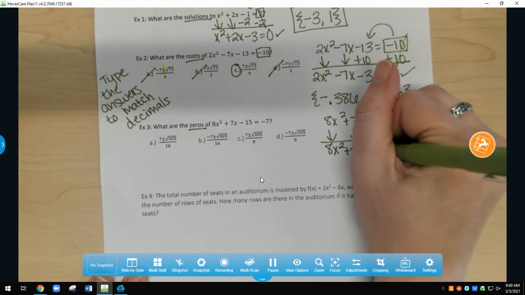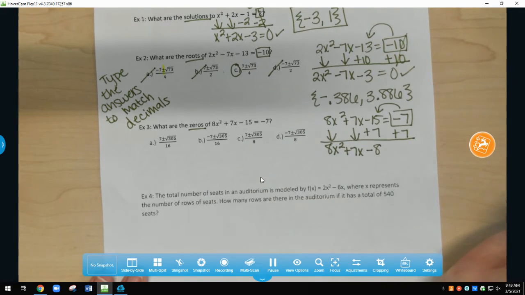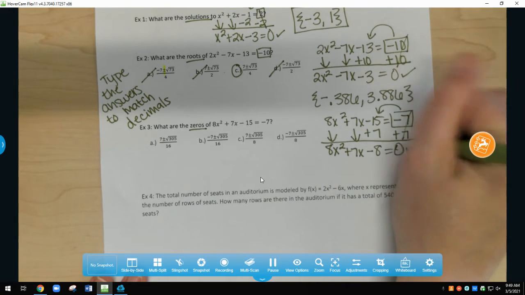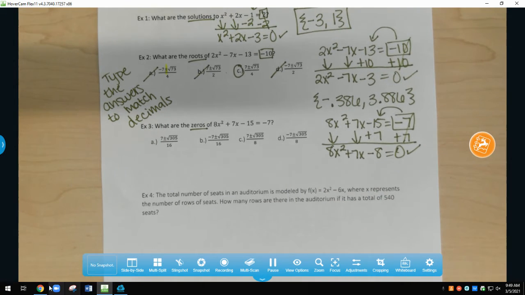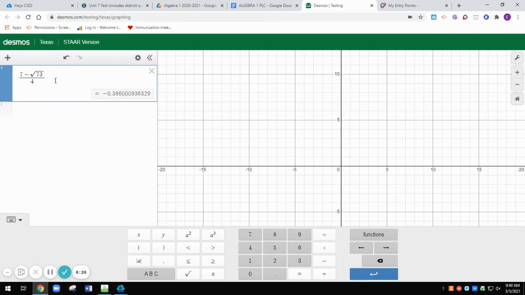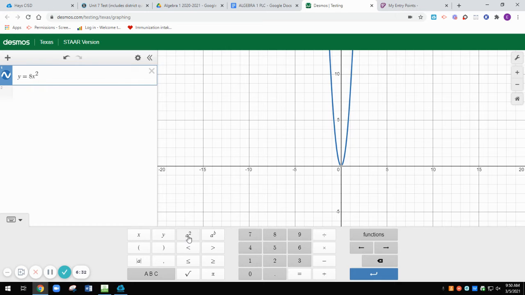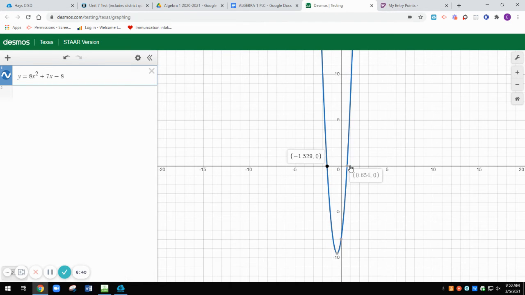Negative 15 plus 7 is going to give me a negative 8. And that's equal to 0, so now it's Desmos ready. So we're going to go to Desmos. We're going to have y equals 8x squared plus 7x minus 8. And I'm going to go ahead and write those down.